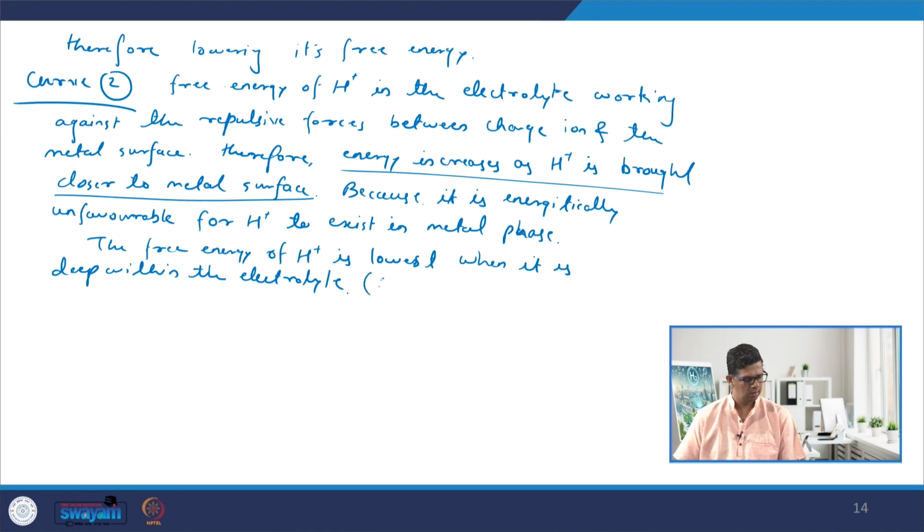In other words, far from the metal surface or metal interface.